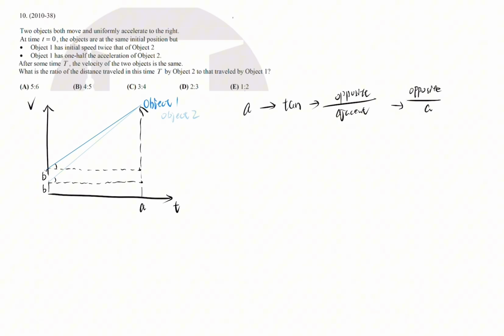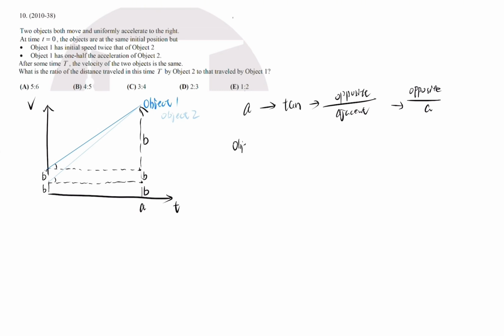So the distance here is going to be B, here is also B, and this part is B. Let's calculate the areas under these two lines, which also represent the distance traveled within this time period A, since velocity times time equals distance.